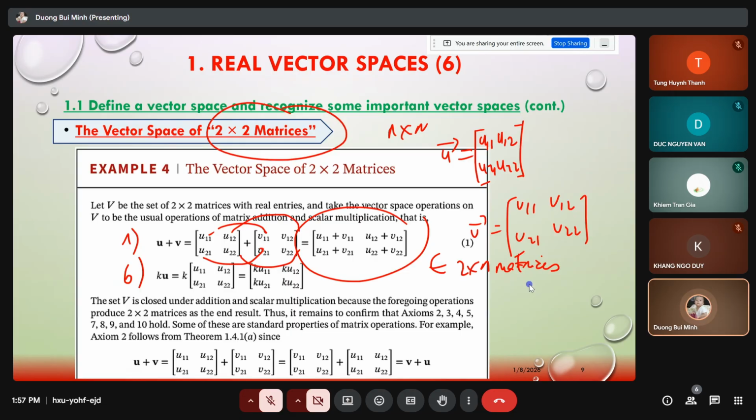For example, if I say Vietnam is a vector space, I need to check every university; in Vietnam we have more than 150 universities. You understand?